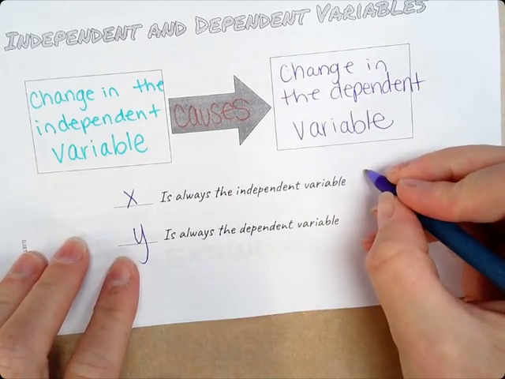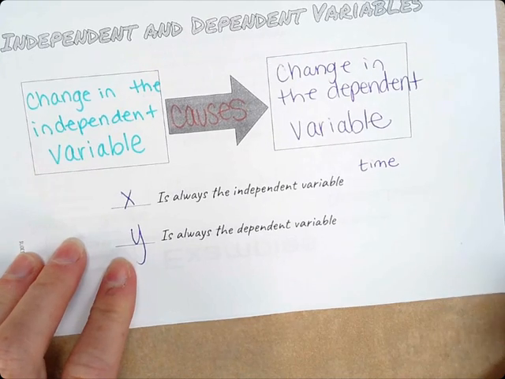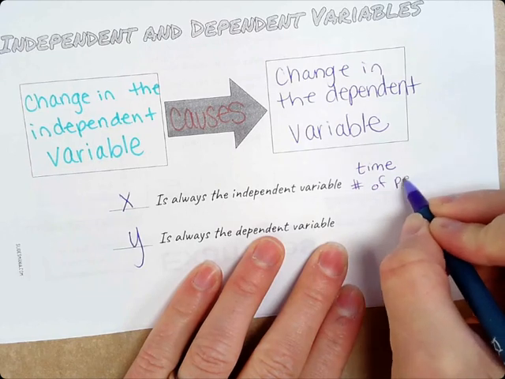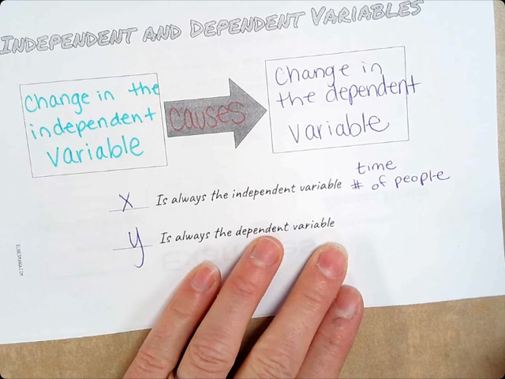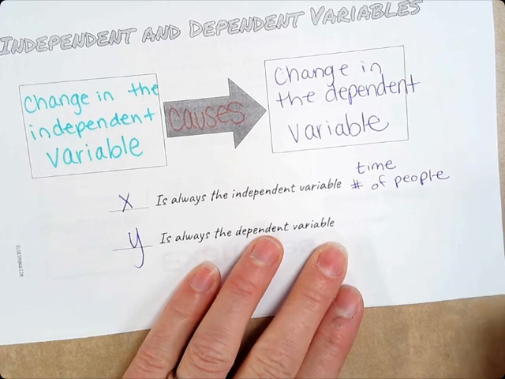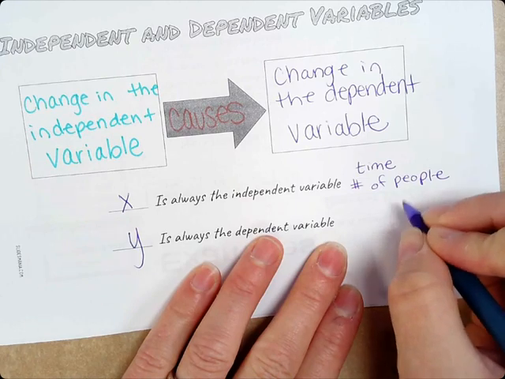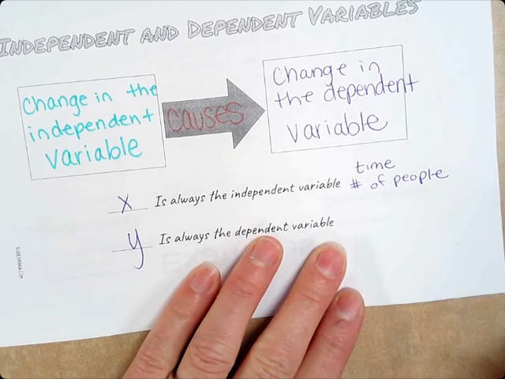Examples of independent could be time and number of people.